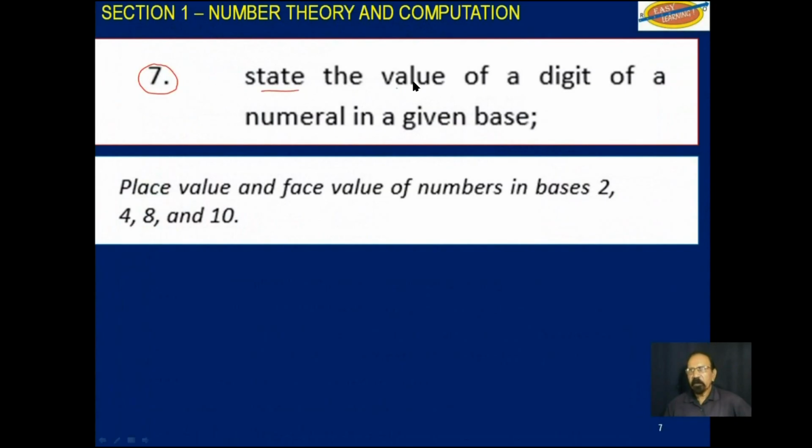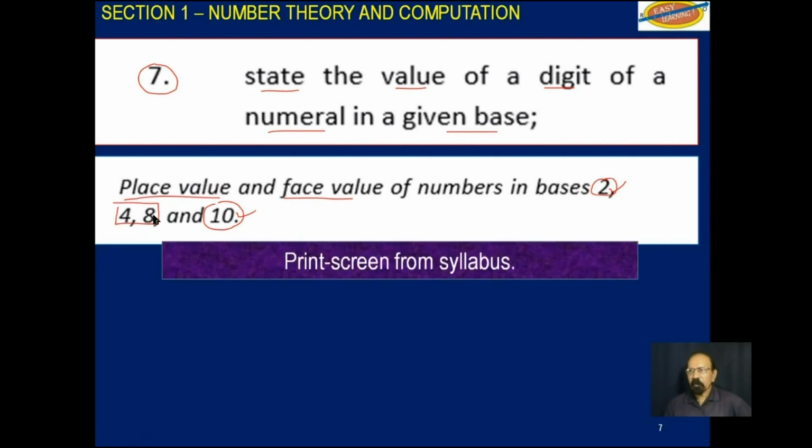State the value of a digit of a numeral in a given base. And we are to discuss place value and face value in the following bases. 2, we did that already. As a matter of fact, the first one we did was 10. Then we did 2. And now in this video, we will concentrate on 4 and 8.